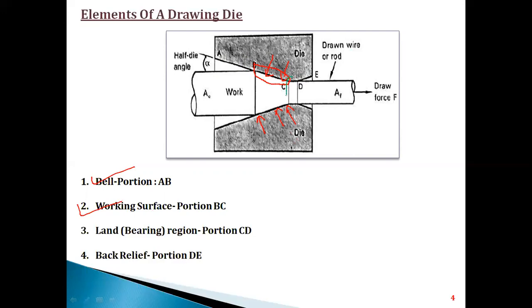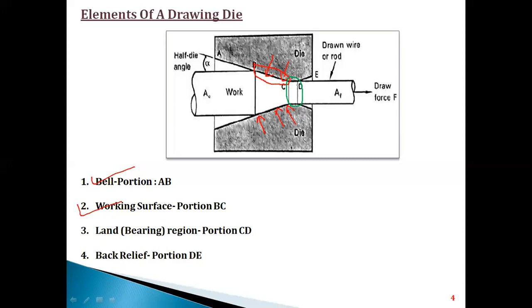This is the working surface C to D, this is space. If you observe this space from C to D, whatever work material enters from C to D, its cross section area doesn't change, which means from C to D there is a uniform cross section.